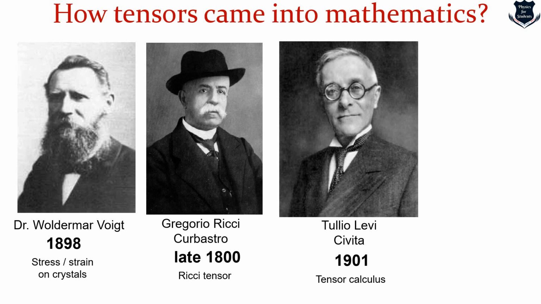This is a very brief history, although there is a lot more to cover, of how tensors came into mathematics, and how they were invented, or you can say rediscovered, by studying some physical phenomena.